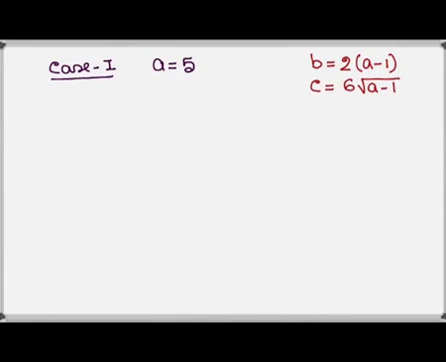Therefore, in case 1 we have b is equal to 8 and c is equal to 12. Now we can easily note that 5, 8 and 12 satisfy first and second conditions. Now we shall check the third and fourth conditions.